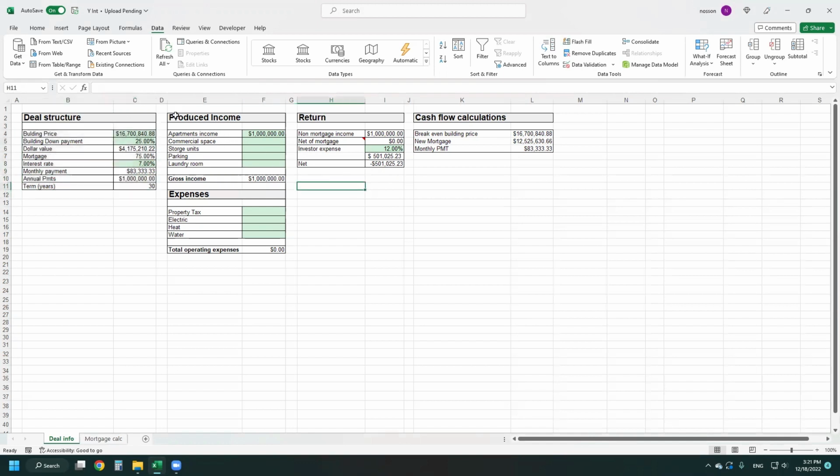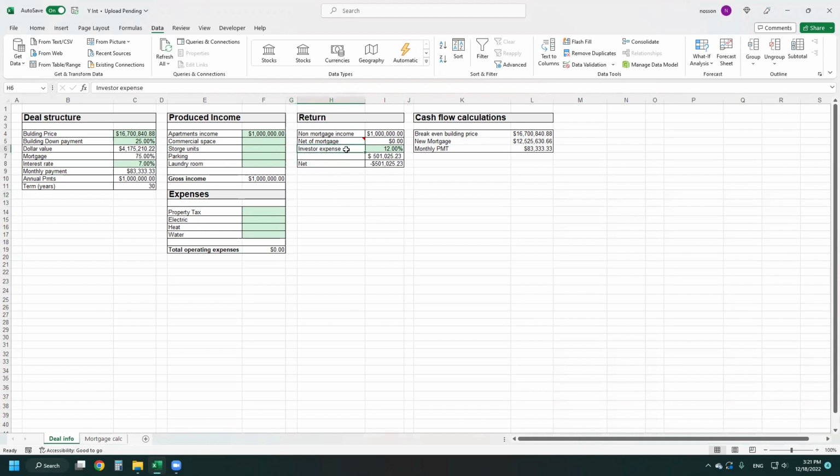Then we have an income statement. So we basically have a scenario where a company is paying off a mortgage, and we also have another operation. We have two operations going on at the same time.